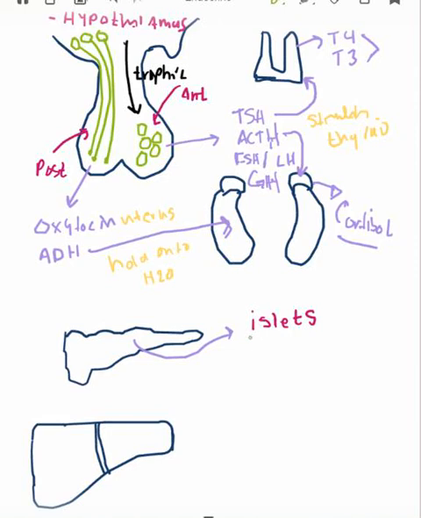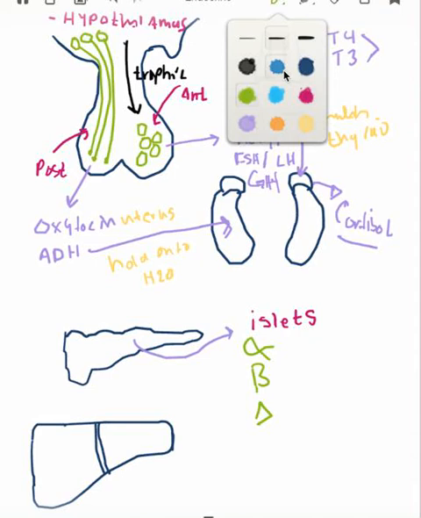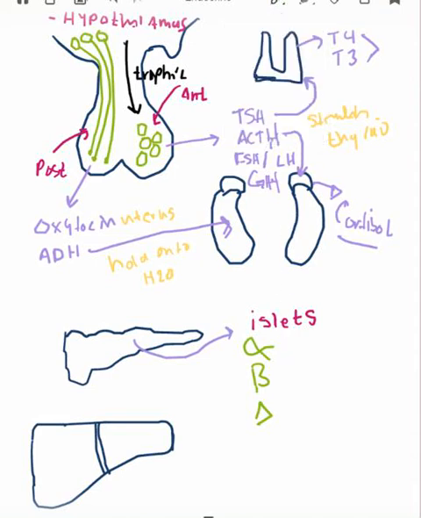You have your alpha cells, you have your beta cells, and I believe you have what are called the delta cells. The alpha cells secrete a hormone called glucagon, and glucagon acts primarily in the liver down here, and glucagon stimulates the liver to break glycogen down into glucose.